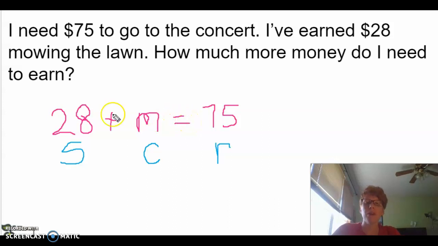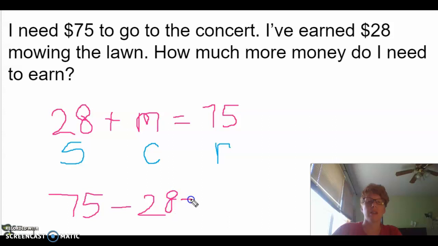So whatever number you're adding to 28 would equal 75. Now you could take this a step further, and we could flip-flop this around. The opposite of addition is subtraction, and we could say 75 take away 28 equals M. We could say that as well.